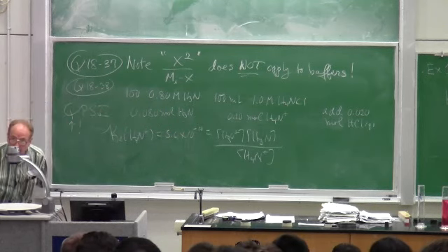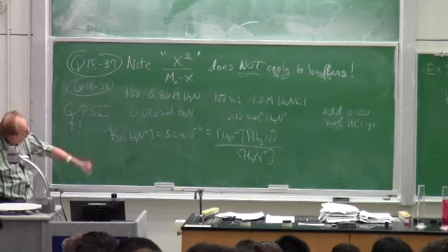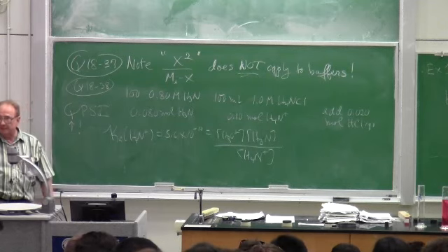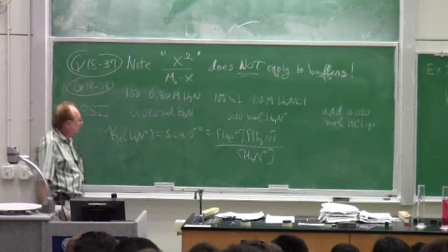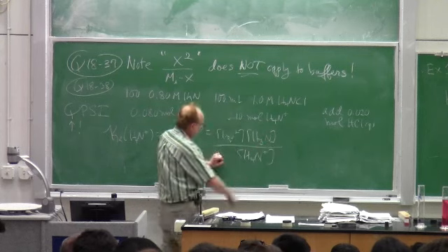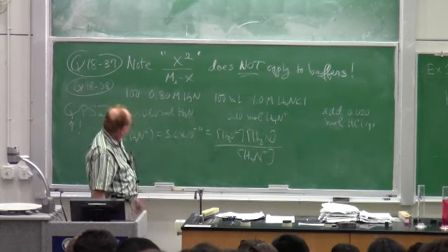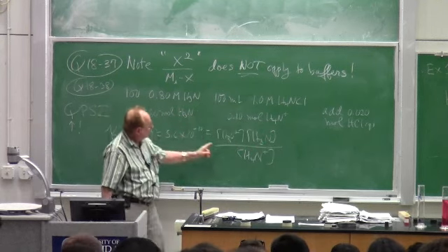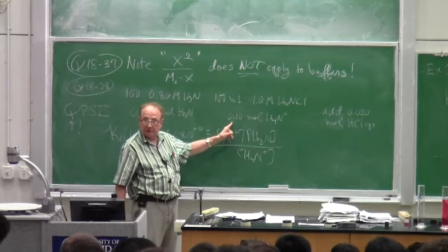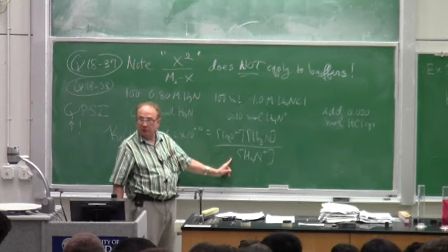So before I put the source of hydronium, before I put HCl in there, okay? Then up here, I can write 0.080, and here I can write 0.10. Now those are moles.